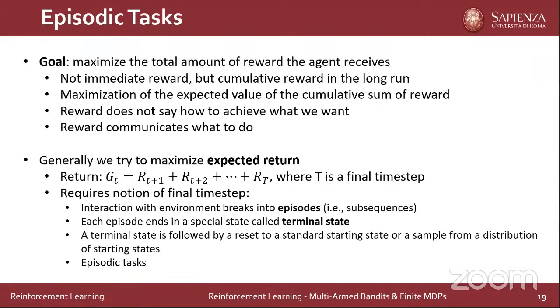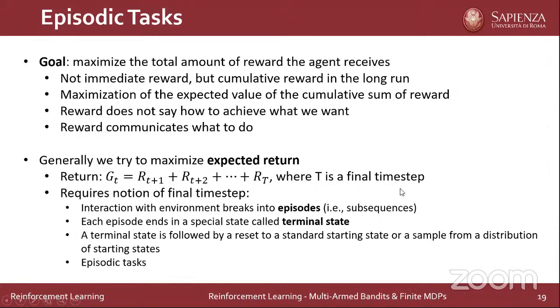And typically you are trying to compute the expectation of this return and maximize this expectation. So in the expectation, we want to maximize the return, but not necessarily in every single trajectory that the agent is taking. Again, in computing the return, we are considering the whole trajectory that the agent has generated in the environment, and we take all the rewards that we got, we sum them, and this gives us a notion of the return. Okay.